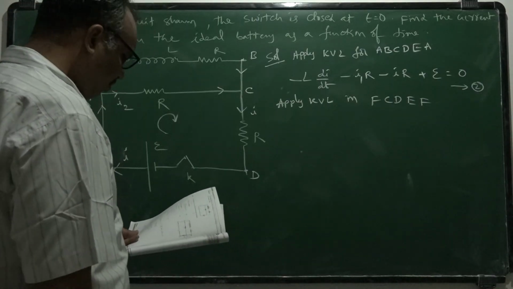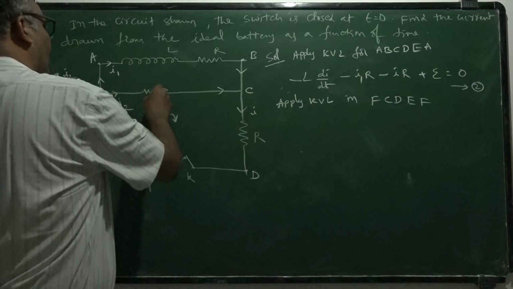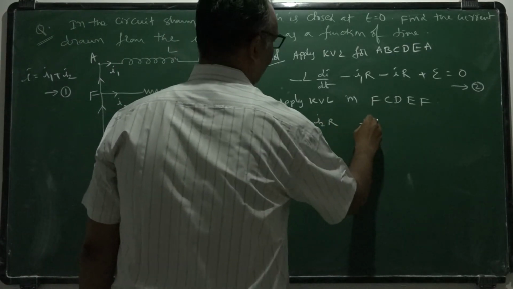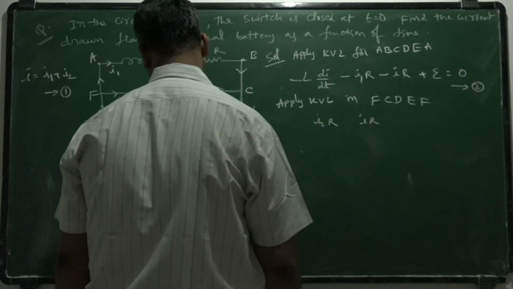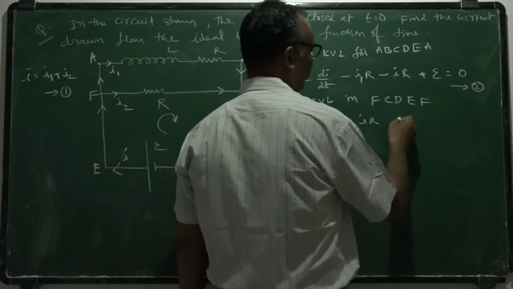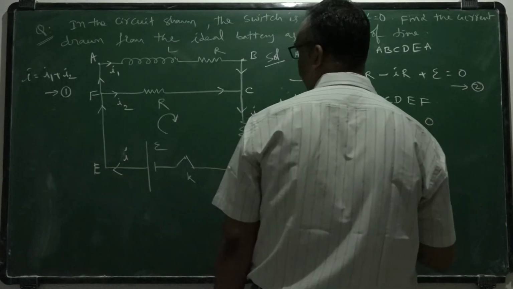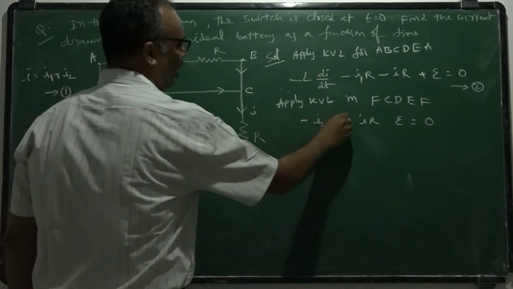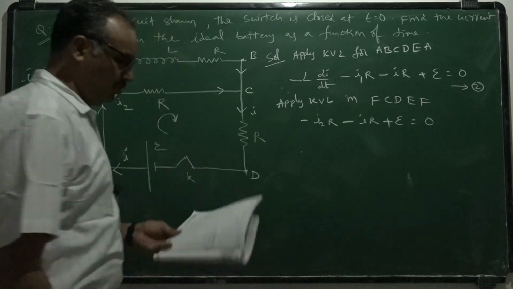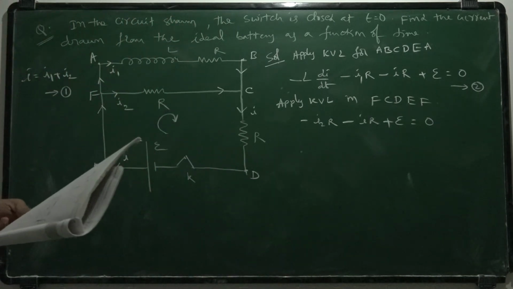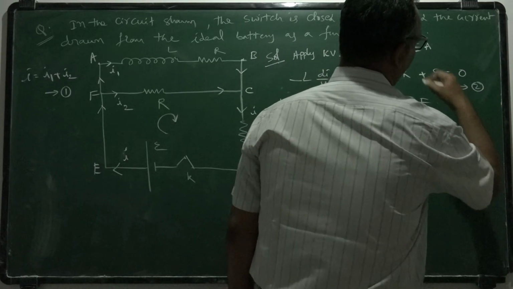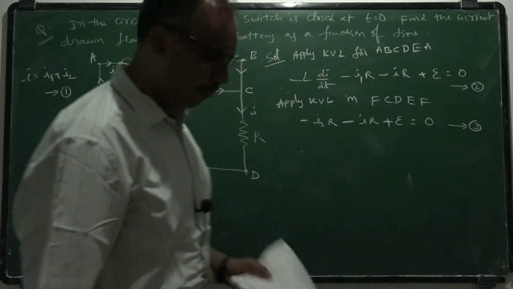Now, if I start the journey from here, I2R is the voltage drop at the resistor, IR is the voltage drop at the other resistor, source of EMF E, their sum must be equal to 0, as you are moving from high to low negative, high to low negative, low to high positive. This is the equation governing the second loop. Let me name this equation number 3.